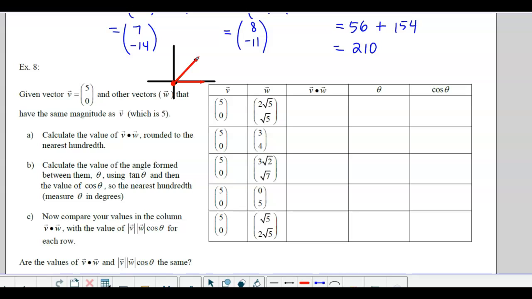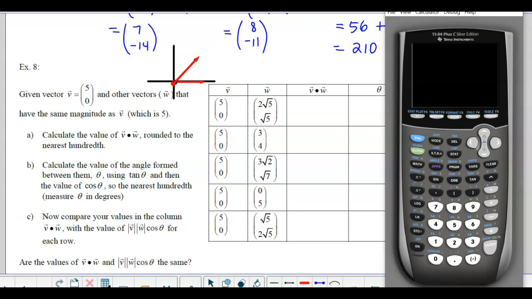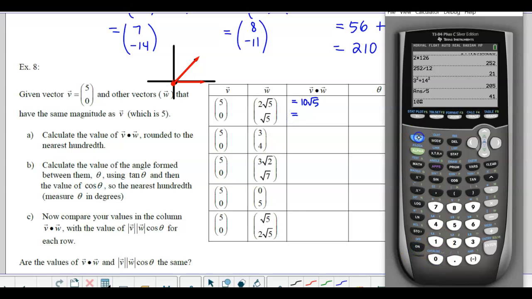Okay, so magnitude. And so it says calculate the value of the dot product of v and w, rounded to the nearest hundredth. Okay, so you can do that. We're going to go through each row at a time. So if we're calculating the dot product, that's going to be 10 root 5, which as a decimal is 22.36 to the nearest hundredth.